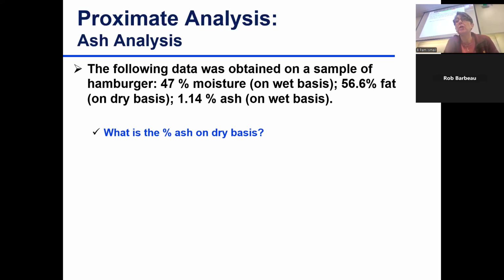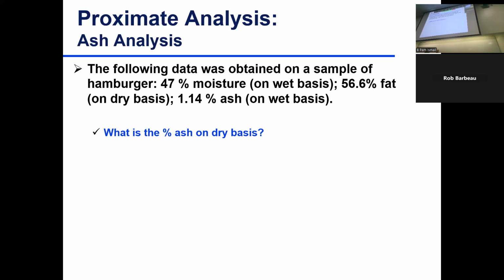I first used the wet basis and then I divided it by 100% minus the 47%, times 100. Yeah, okay, correct. So what Tyler did is determine the dry matter. So what's your dry matter?